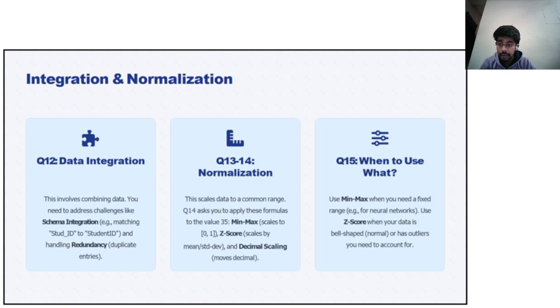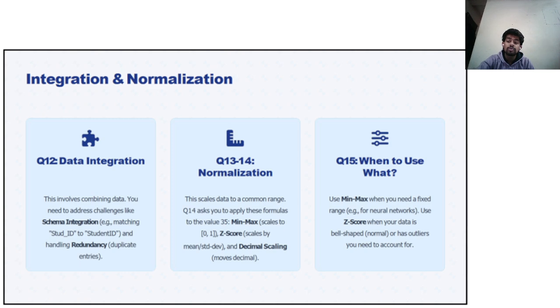The core of this section is normalization. Question 13 and question 14 are about scaling all our numerical data to a common range. This is essential for all algorithms sensitive to value differences. Question 14 asks us to apply 3 specific methods. First, min-max scaling, which scales the data directly to the range 0 to 1.